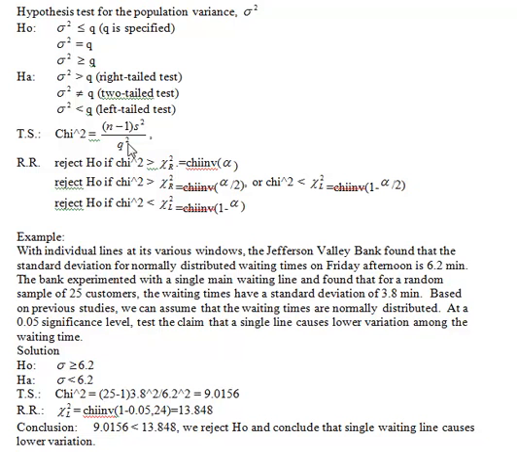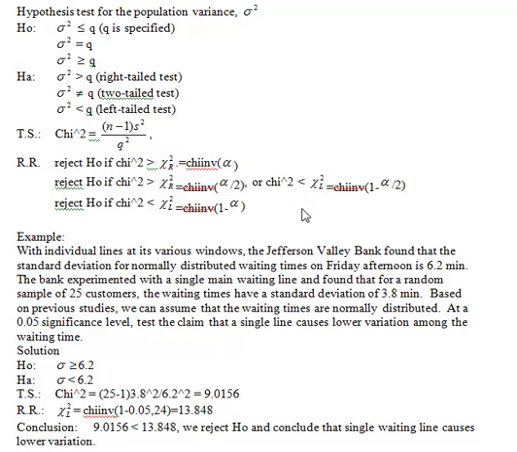Now, if we have two-tail test, then we need to calculate both chi-square right and chi-square left. Chi-square right is CHIINV; inside parentheses, you put alpha over 2.